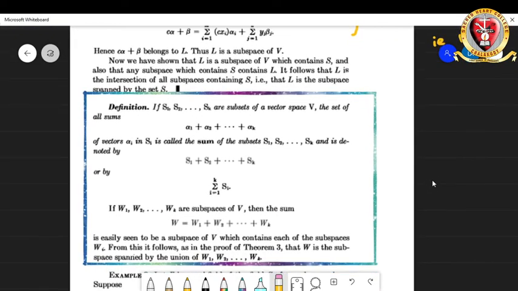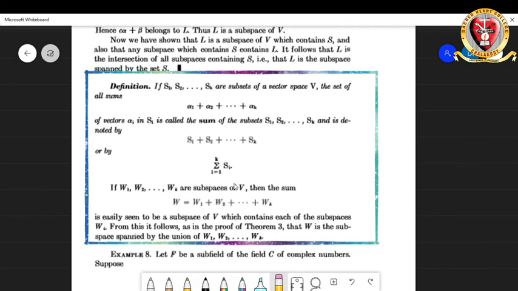Next is a definition about the sum of vector spaces.